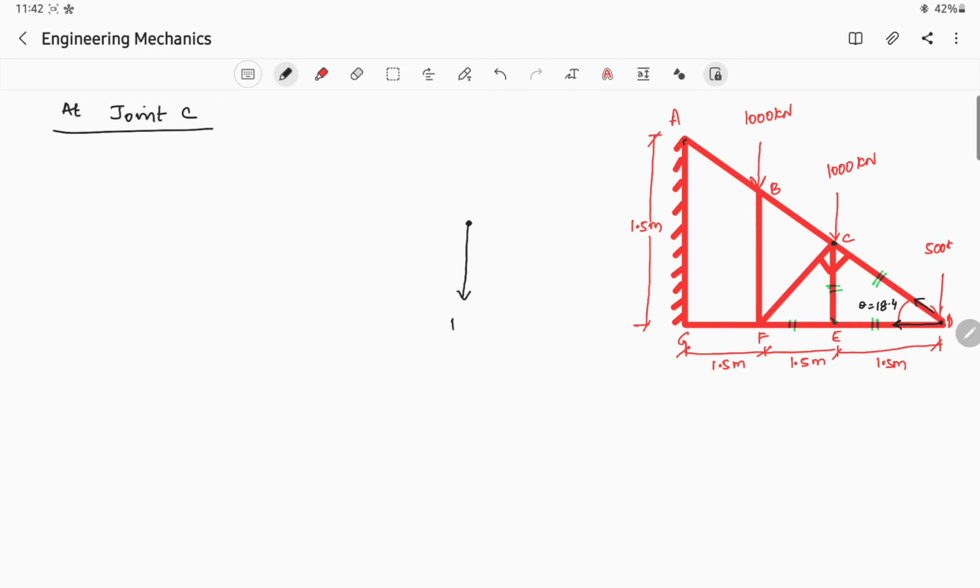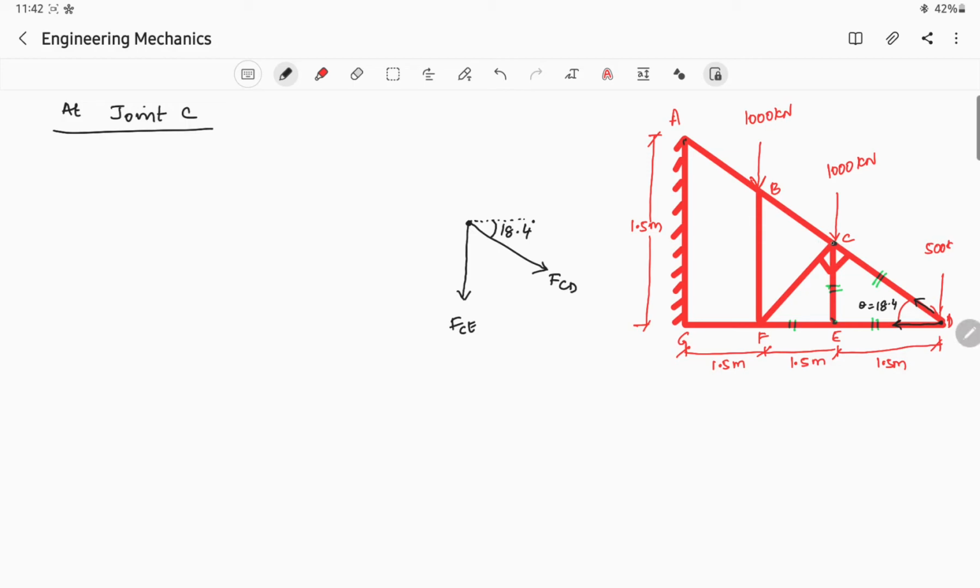This is force in member CE, and here we have force in member CD, and the angle made by the member CD is 18.4 degrees.